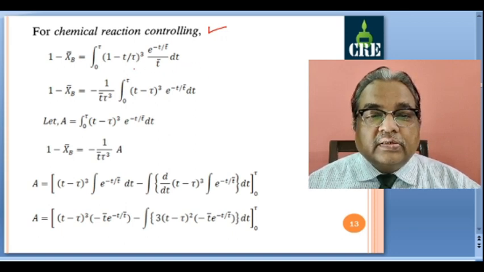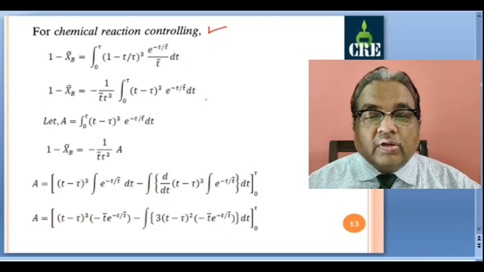To solve this integral, this tau cube from the denominator I will take out, and tau minus t I will write as minus of t by tau, and as the cubic term is there, the minus sign will come out, and this 1 upon minus t bar into tau cube we have taken out as constant, where our integration is now 0 to tau of (t minus tau) whole cube e raised to minus t by t bar dt.